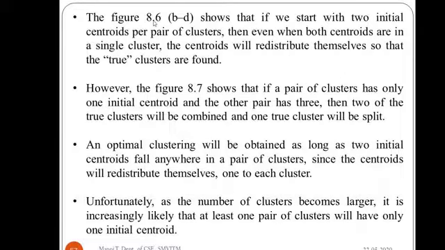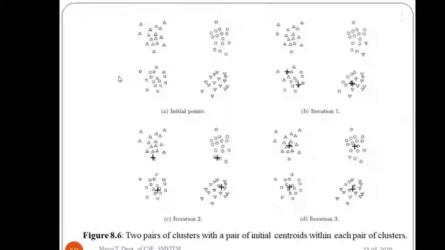Figures 8.6 b to d show that if we start with two initial centroids per pair of clusters, then even when both centroids are in a single cluster, the centroids will redistribute themselves so that the two true clusters are found. Then as we perform the iterations, they will redistribute.